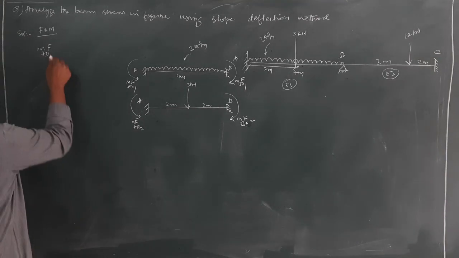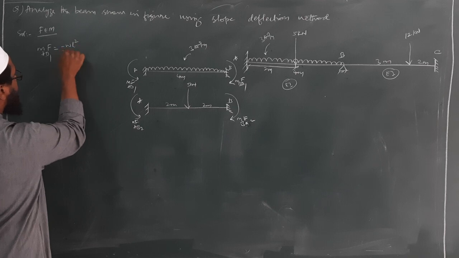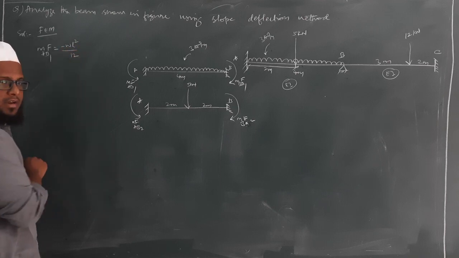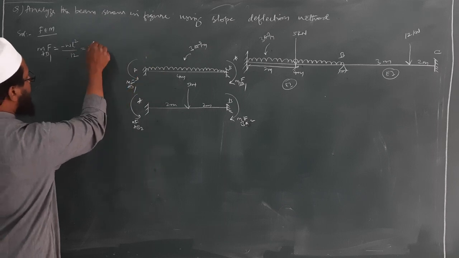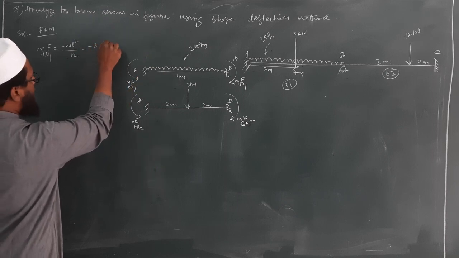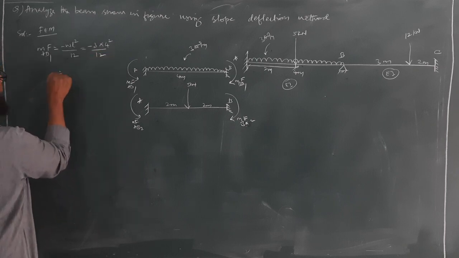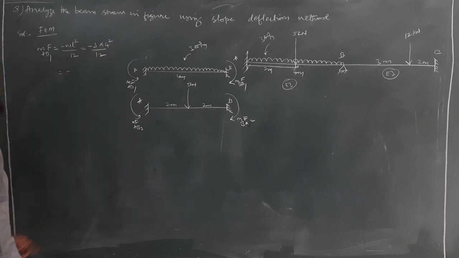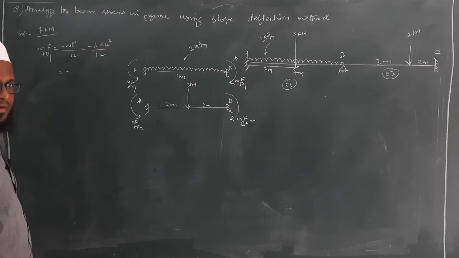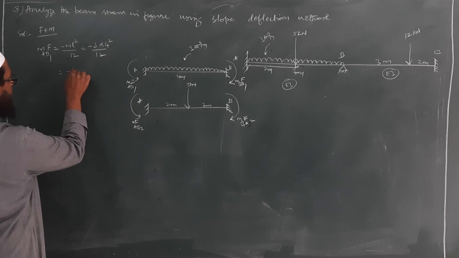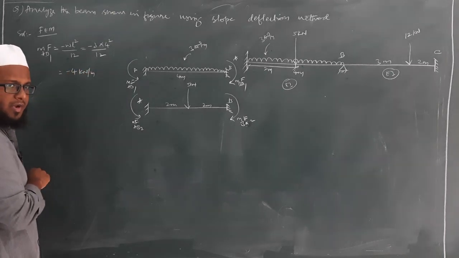So MFAB1 is equal to minus WL square by 12, isn't it? So minus, the value of W is 3, into 4 square divided by 12. 16 into 3 divided by 12 is minus 4 kilonewton meter.